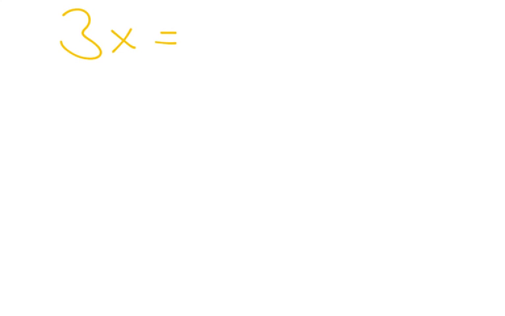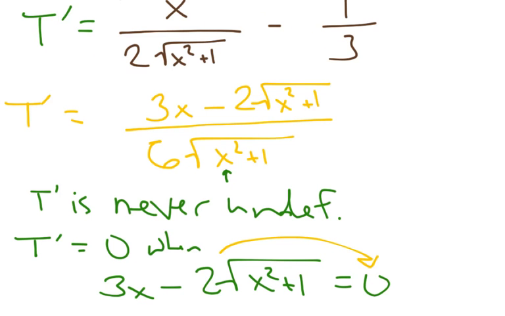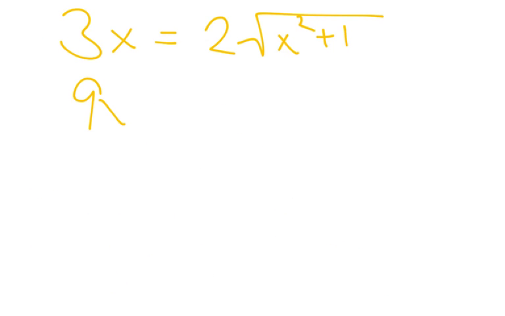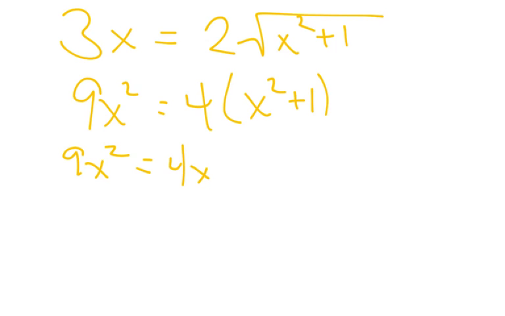So I got 3x is equal to 2 root the quantity x squared plus 1. Let me double check that. Yeah. Okay, so we got 9x squared over here is equal to 4 times x squared plus 1, or 9x squared is equal to 4x squared plus 4. A little bit further here, 5x squared is equal to 4, and so x squared is equal to 4/5.